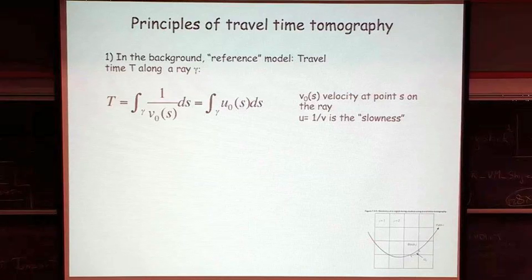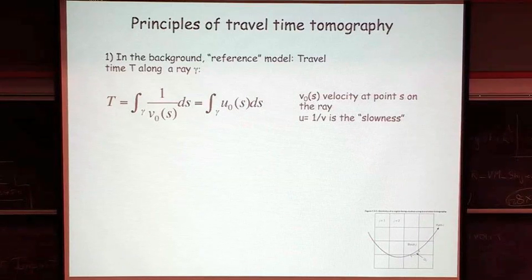Okay, so this is in the background model. I call it v0. Okay, and preferably we express this in terms of the slowness, which is the inverse of the velocity, which makes the relationship, given a travel path, linear in the slowness.